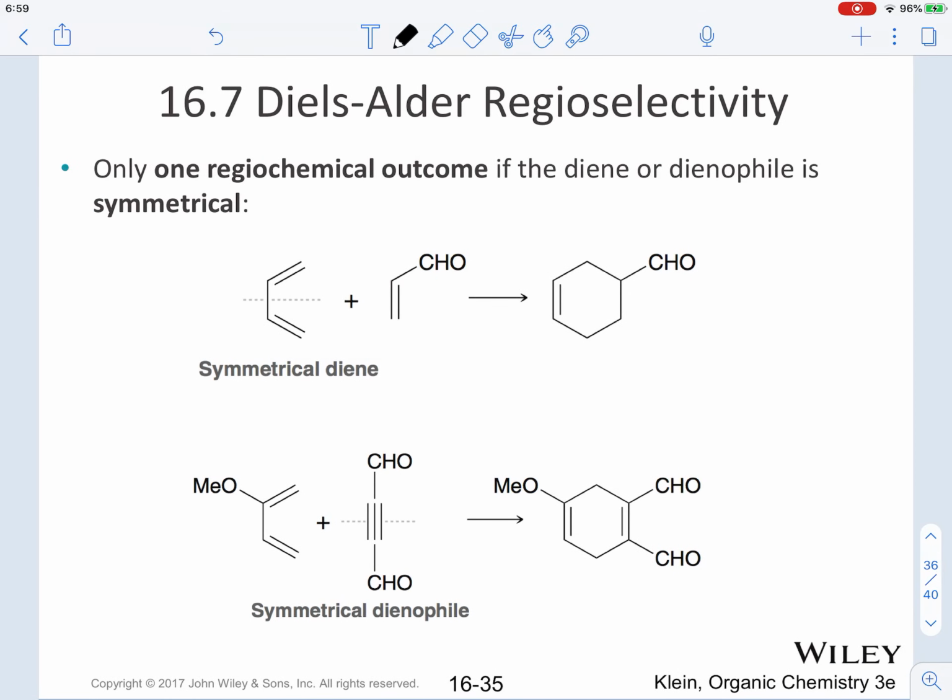Now, understand that only one regiochemical outcome is going to happen if you have a diene or a dienophile that is symmetrical. As you can see in the top example, which I'm going to label as number 1, we have a symmetrical diene. Because our diene is symmetrical, when we combine it with our dienophile, we're only going to form one product.